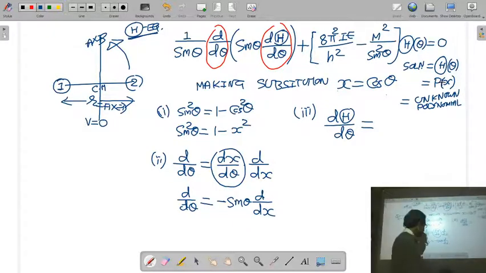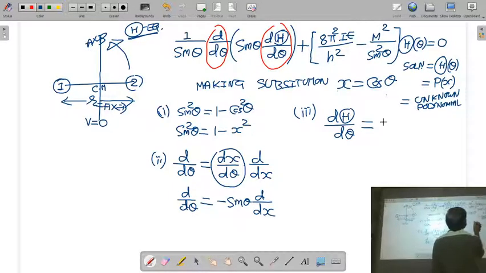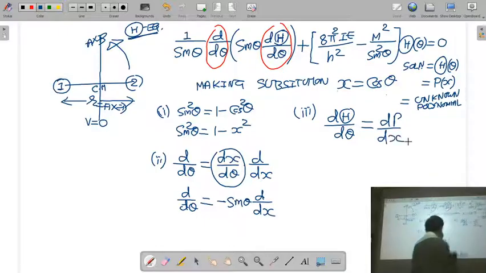Okay, now here I put capital theta is equal to polynomial P(x). So d capital theta by d theta can be written as dP by d theta, where I put capital theta equal to P(x), because the solution of the theta equation we will get in the form of polynomial P(x).